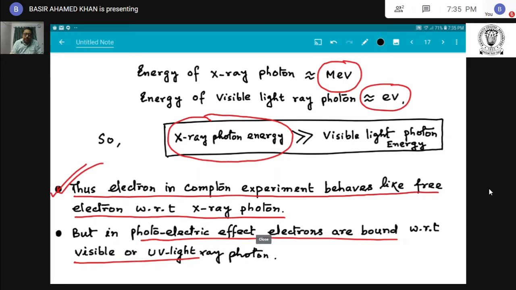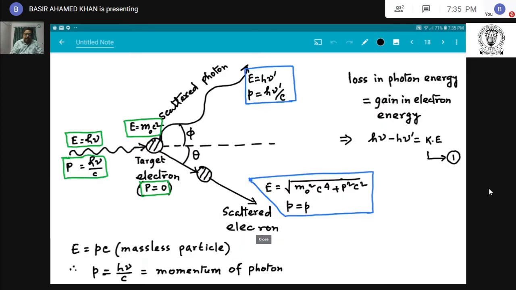Now here we see that the incident photon collides with an electron which is basically at rest. So it is clear that the loss of photon energy is equal to the gain of electron energy.